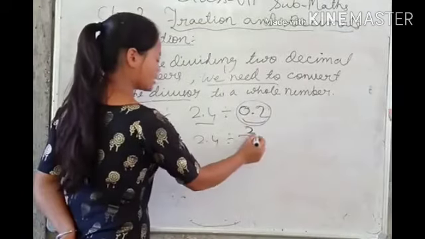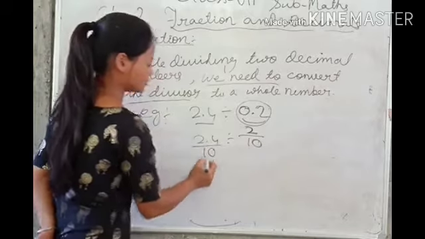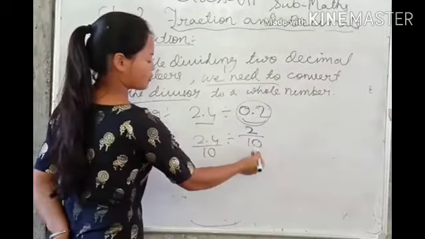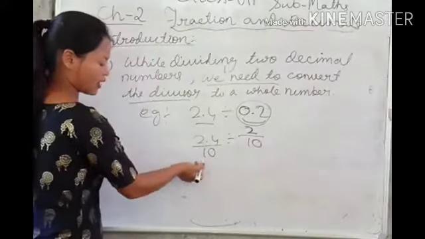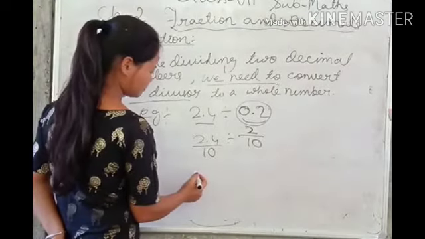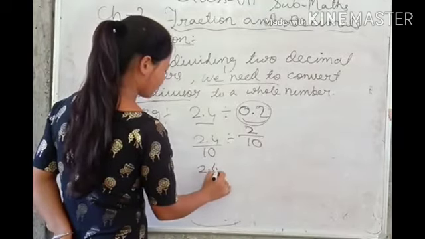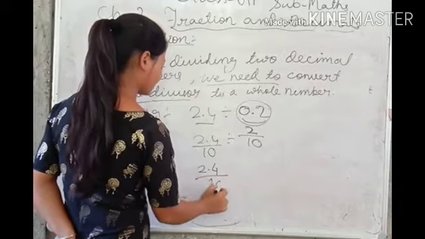If you are dividing this with 10, then you have to divide here also with 10. So what will you get here? 2.4 divided with 10.